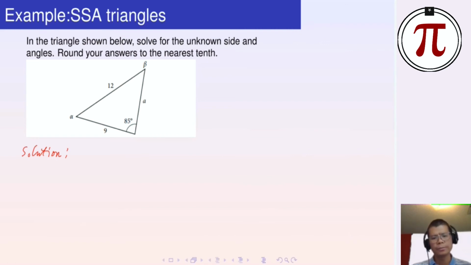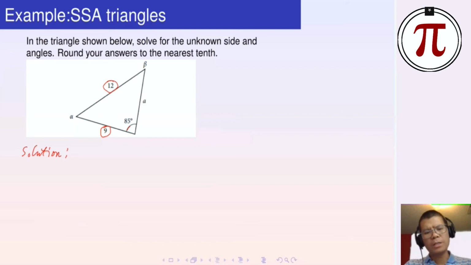Okay. What shall we do? This is 9, and this is 12. Okay. So it seems like, which case is it in? I know that this is the angle, and the adjacent side is 9.